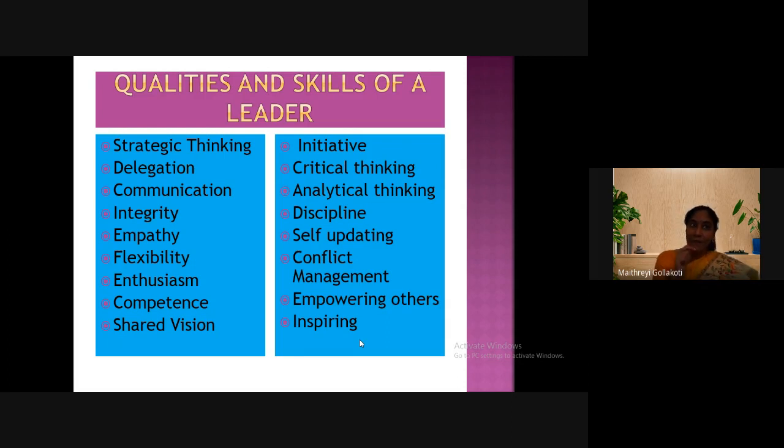Next is critical thinking. Now, whenever we make decisions as a teacher, regarding marks or regarding students' behavior or regarding talking with parents, talking with our heads of the department, whoever it is, always think critically. Think twice, thrice, go through it very thoroughly, and then you come to a decision.